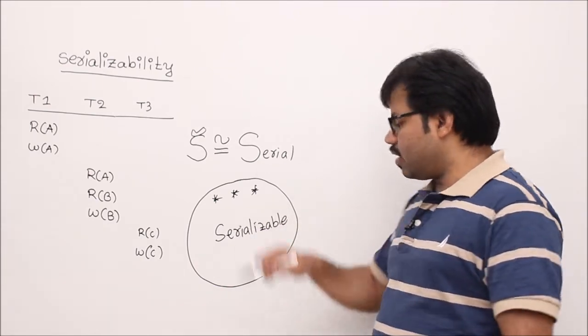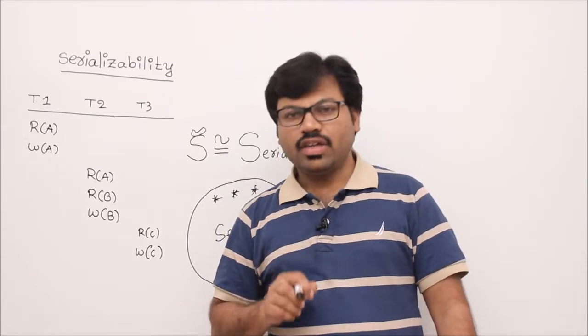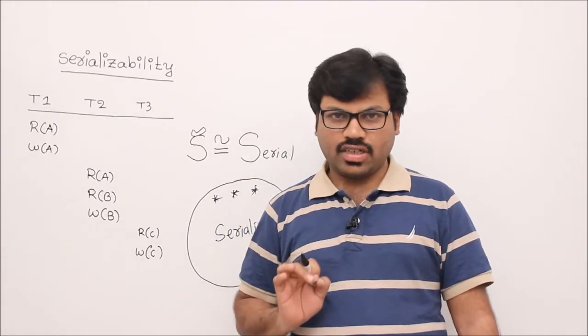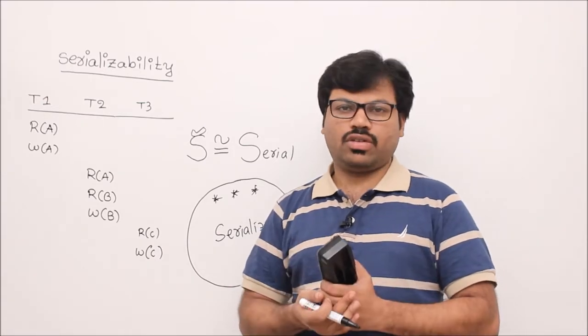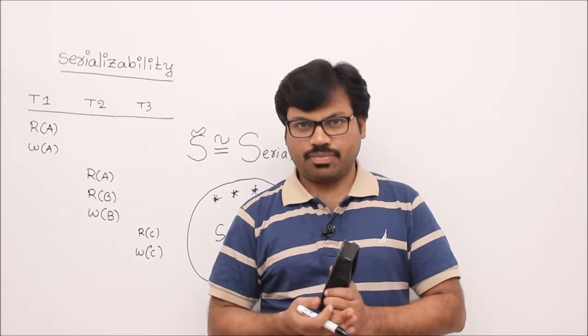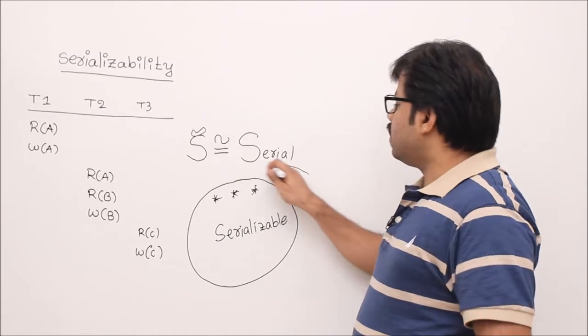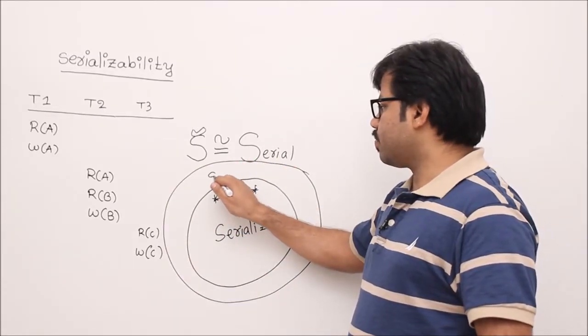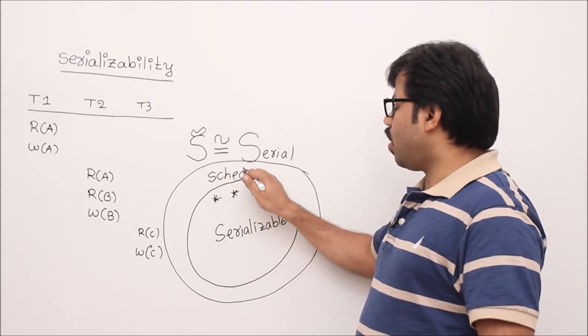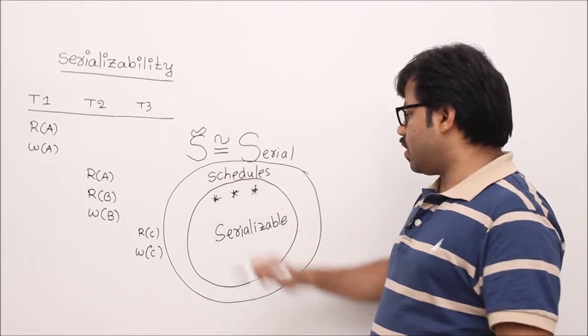Now let me revise it. A schedule is called serializable if it is equivalent, with respect to result, otherwise database state, to some serial schedule. Now this is another circle. These are all schedules. So I can say that all schedules can be divided into two parts.